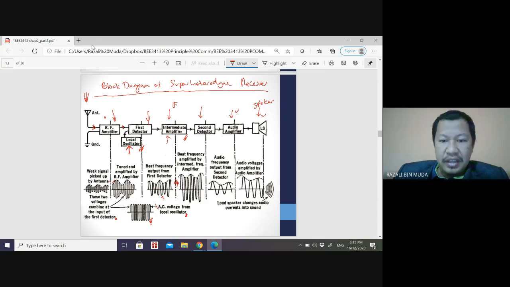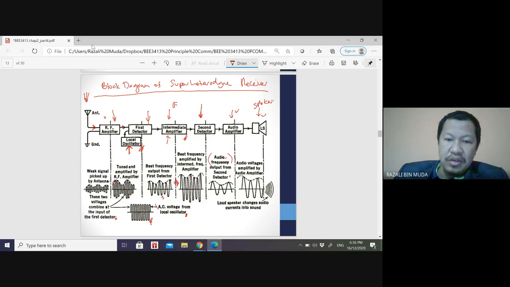The second detector gives the audio frequency output. This detector detects the audio frequency, basically the low frequency signal.